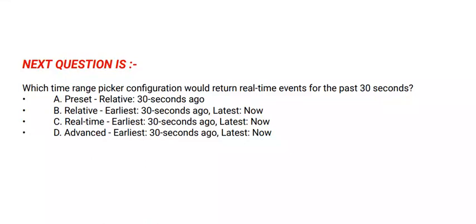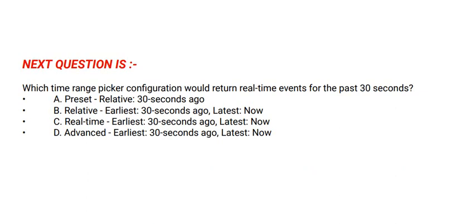Next question is, which time range picker configuration would return real-time events for the past 30 seconds? Options are option A, preset relative 30 seconds ago. Option B, relative earliest 30 seconds ago, latest now.